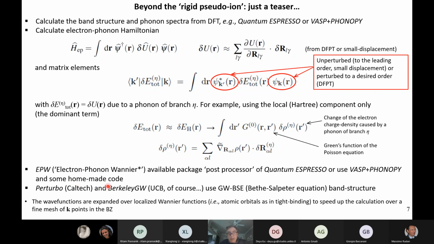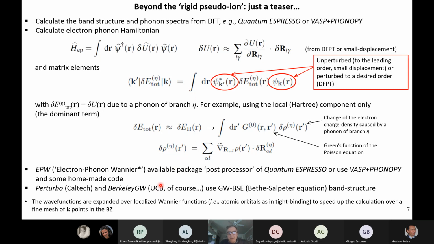And again, there are programs, Perturbo from Caltech and Berkeley, BerkeleyGW, of course, from UC Berkeley, that use a better method. They start from DFT, but they go beyond the DFT by using what's called the GW method. I will not talk about it, but it's a method which is not based on density functional, it's based on Green's functions. And it's usually more accurate, but extremely more expensive from a computational point of view.